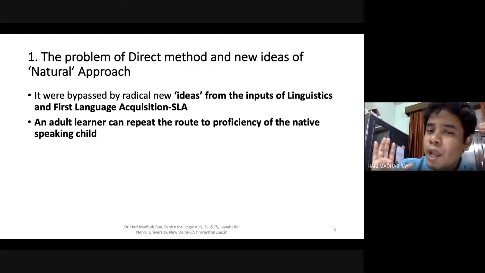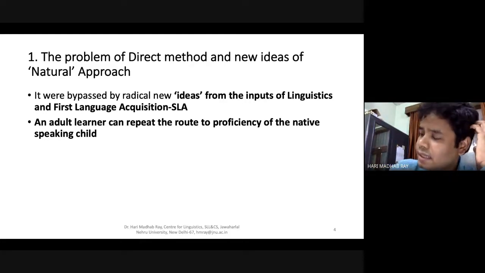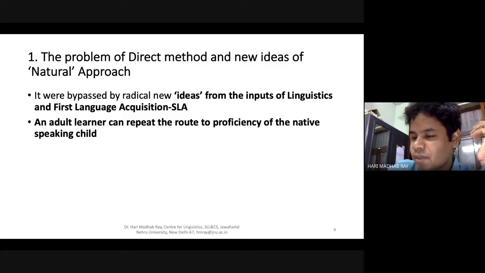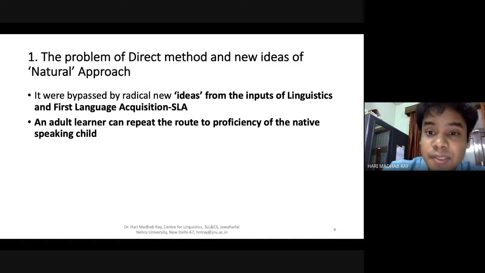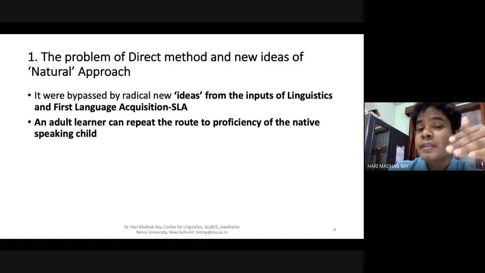So one of the understandings is that somehow, if you're talking about first language acquisition, the children acquire the language subconsciously. So they are saying that even for second language acquisition, that kind of environment has to be given.